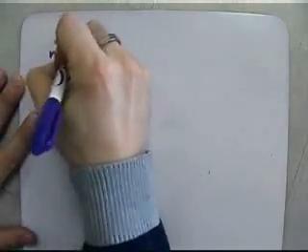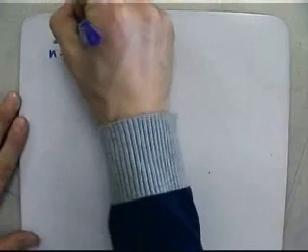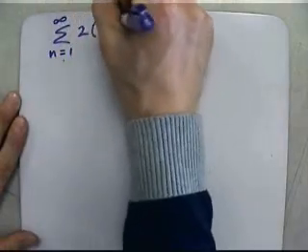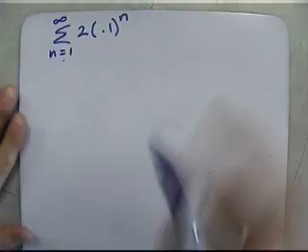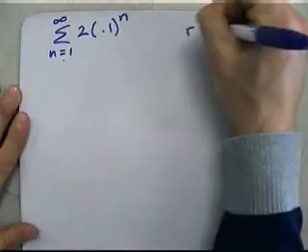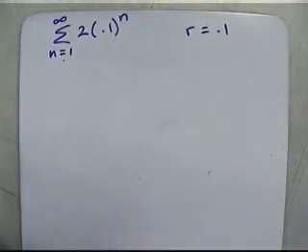Let's go n goes from 1 to infinity. And let's do, which one do we want to do? Let's do that one. Let's go 2 multiplied by 0.1 to the n power. Now this one, notice what your r is. Your r is 0.1. Okay, that's your ratio, multiplying by 0.1 every time.